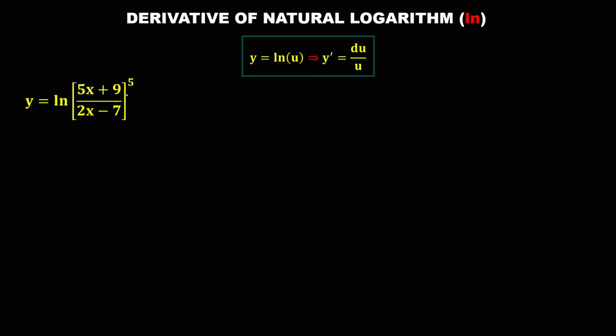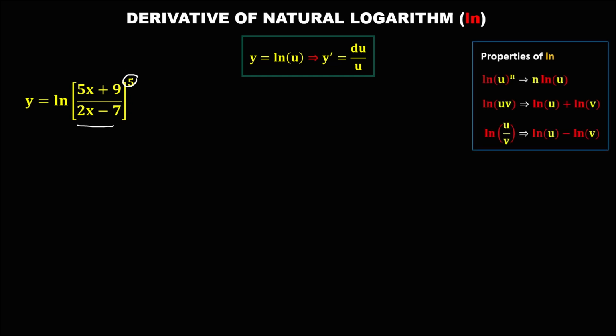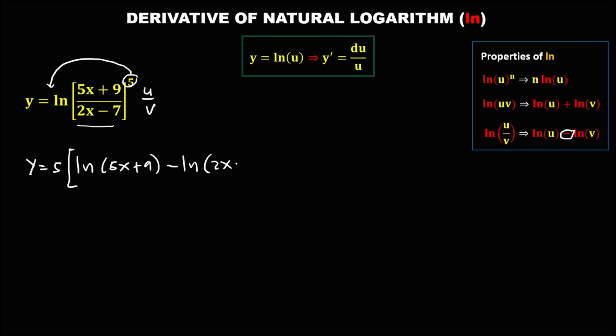Then for this given, using the quotient property and the power property, we can rewrite this as y equals, put this exponent before ln, so 5 times ln, this one is u over v, so u is 5x plus 9, and in the quotient property that's minus ln of 2x minus 7.